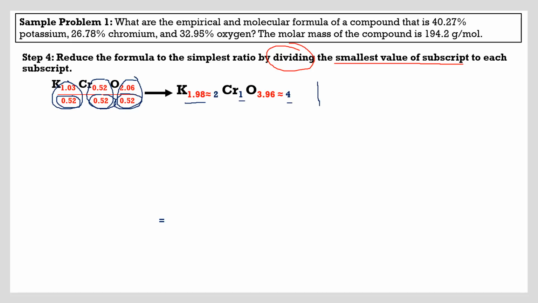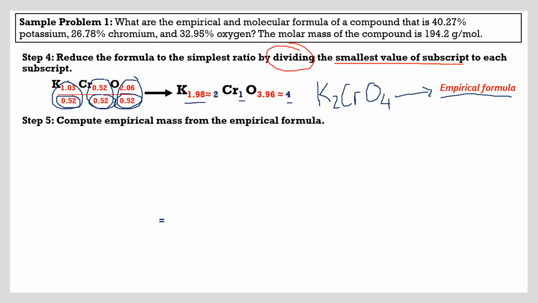So that will become K2CrO4, where the 1 is not written. And from this point on, in our step 4, this is now what we call the empirical formula. So by dividing each subscript by the smallest subscript, we could get the empirical formula.